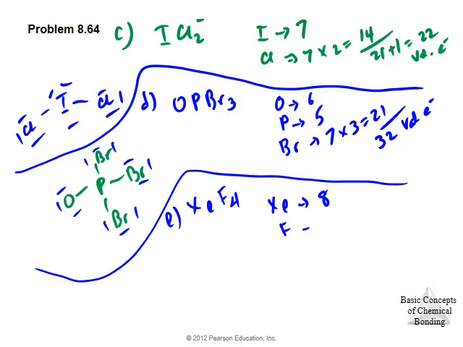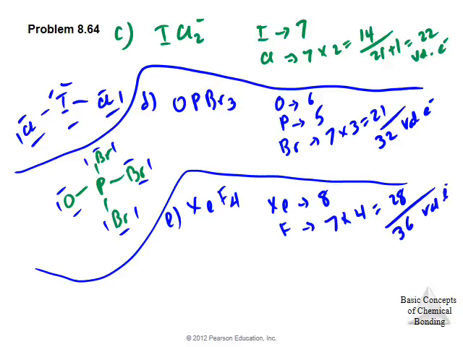Each fluorine has 7, and we have 4 of them. So 7 times 4, that's 28, and altogether we have 36 valence electrons.